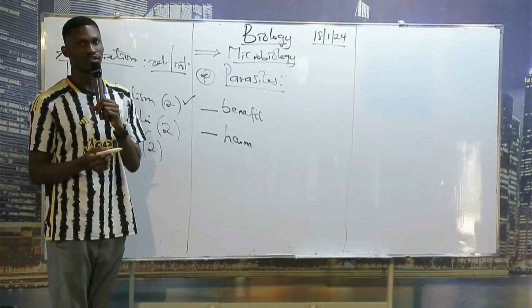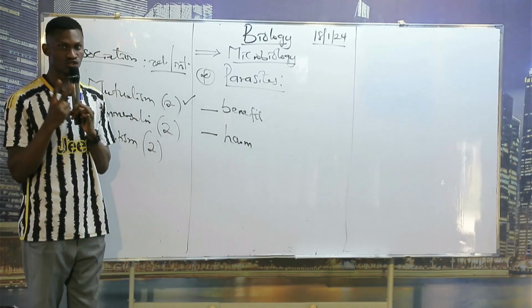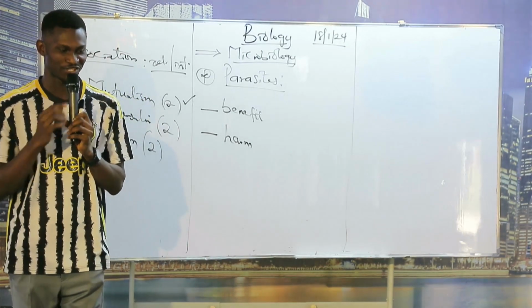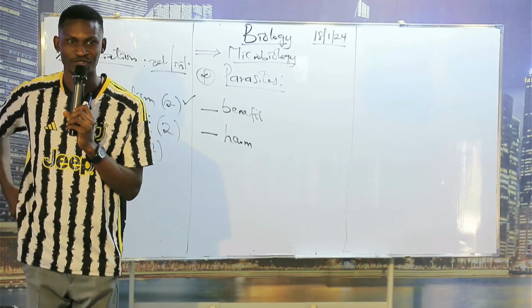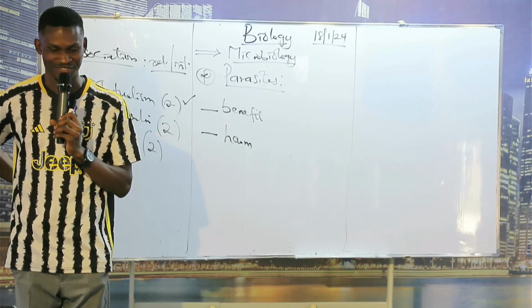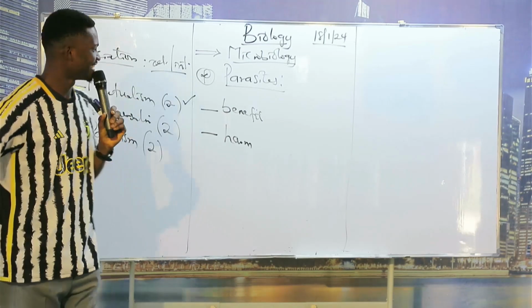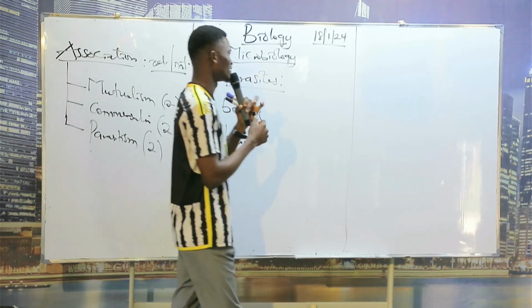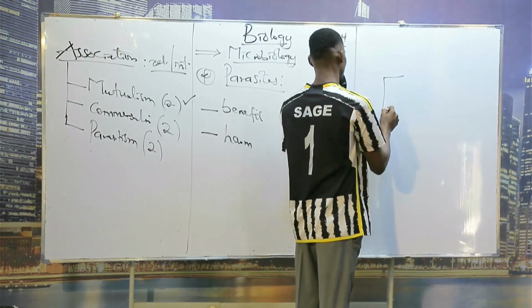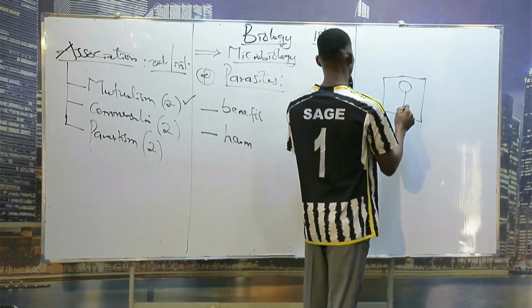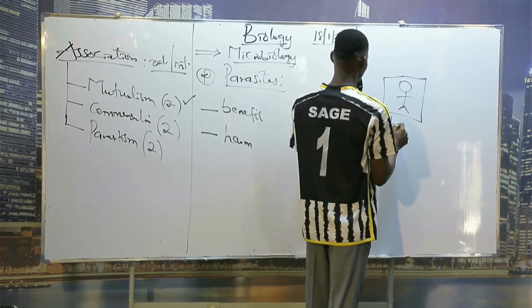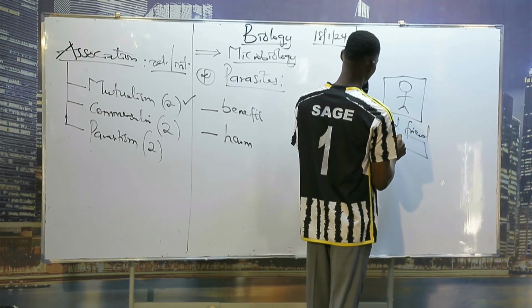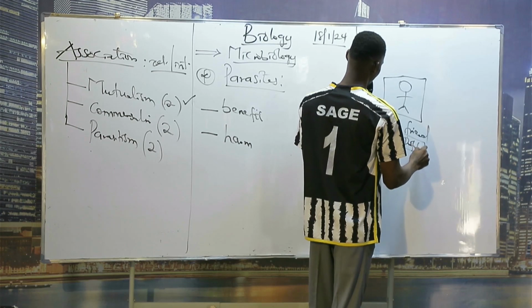Now, in mutualism, how many people benefit? 2. You know, those days on Facebook, for those that do Facebook, they will show you a box, you will see Nkechi there. They will tell you, add friend. Is that correct? Then maybe under here, they will tell you, view profile.